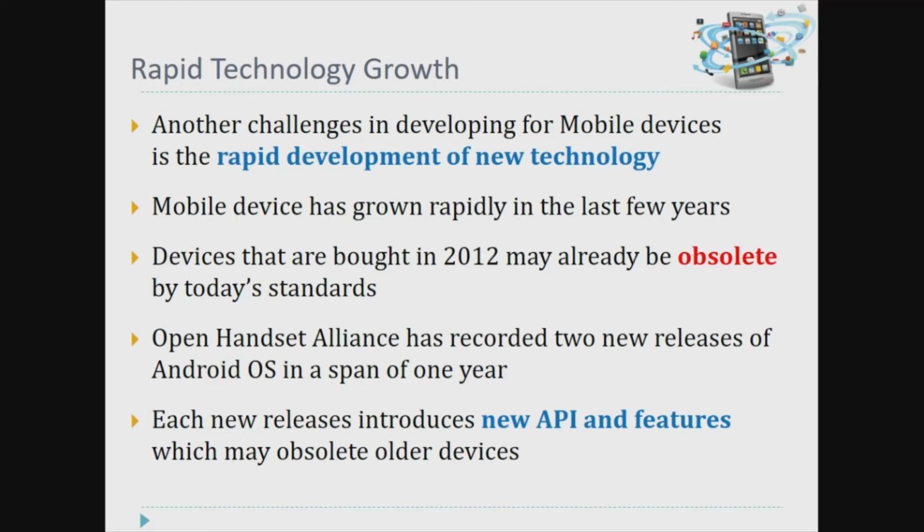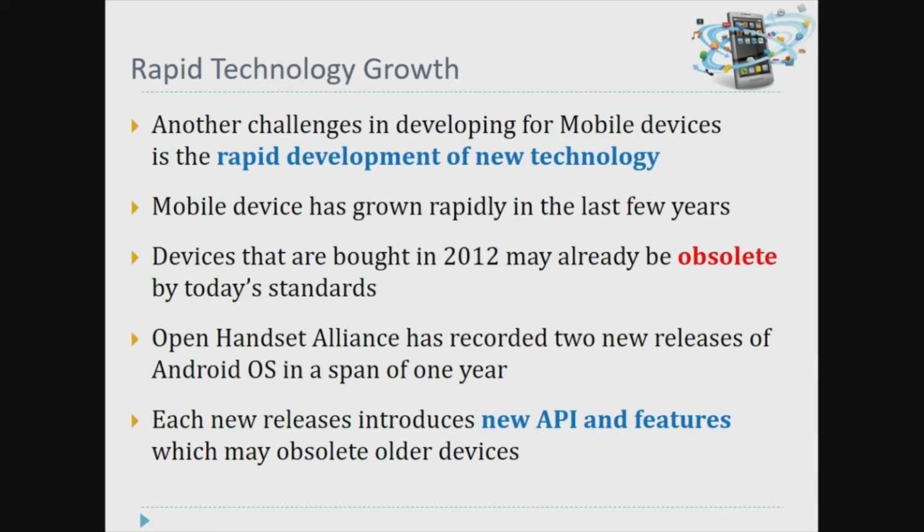Your phone may not cater to the current technologies, or it's already obsolete, or there is no spare part. There is no spare part for phones that were developed in 2012. Open Handset Alliance has recorded two new releases of Android OS in a span of one year.